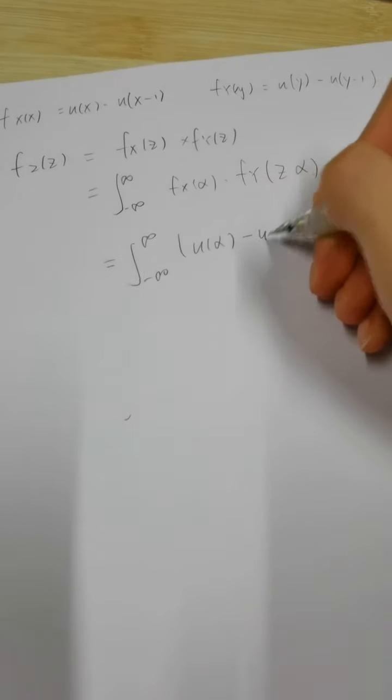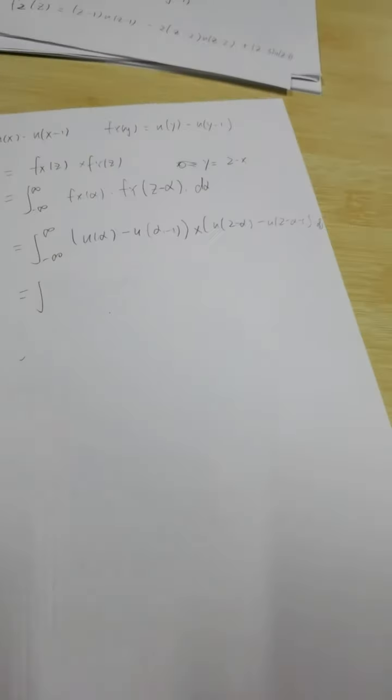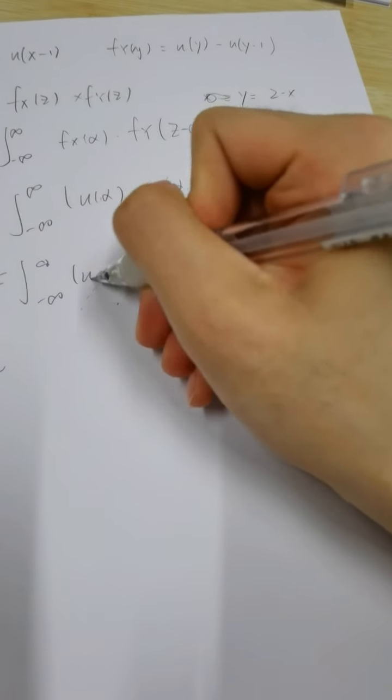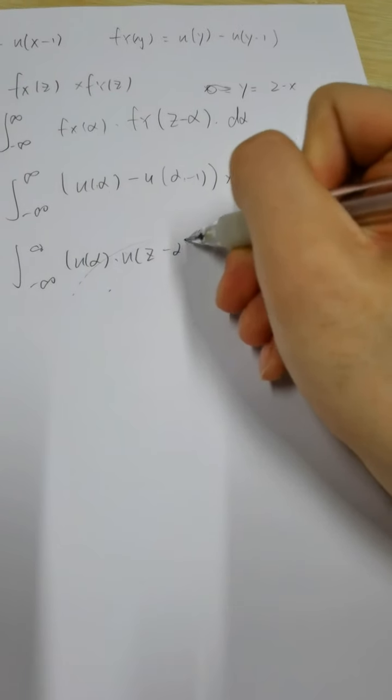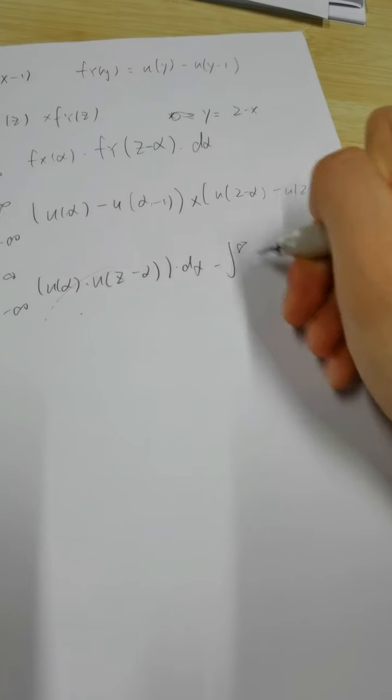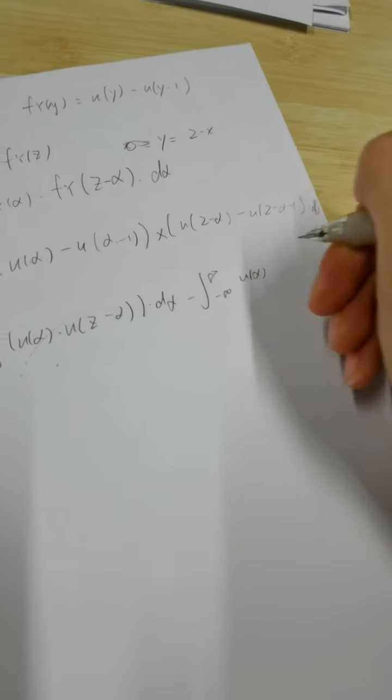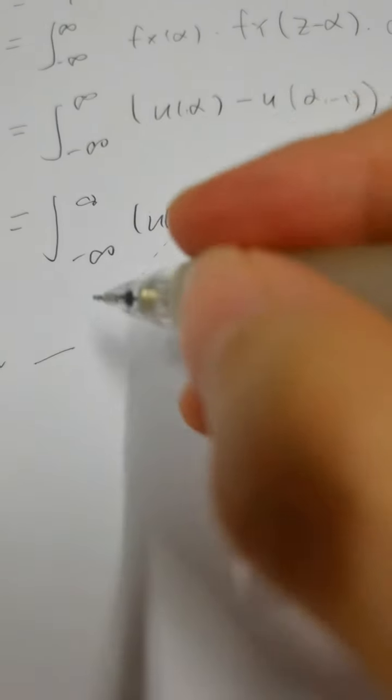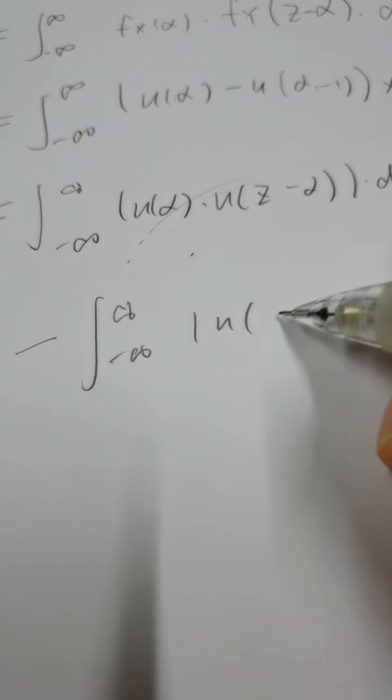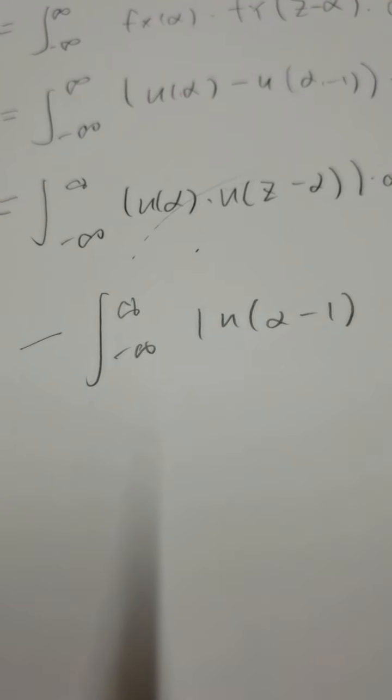After that we multiply these together, so we get the result: u(theta) times u(z minus theta) d theta, minus these two times together, u(theta) times u(z minus theta minus 1) d theta, and minus these two times together, u(theta minus 1) times u(z minus theta).